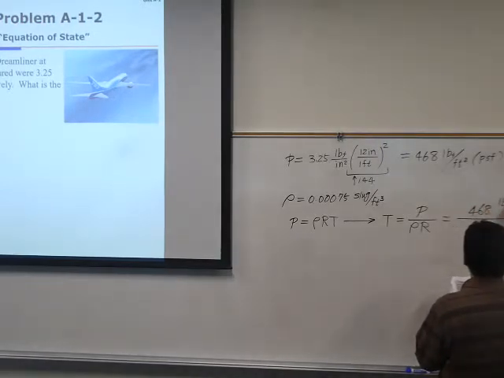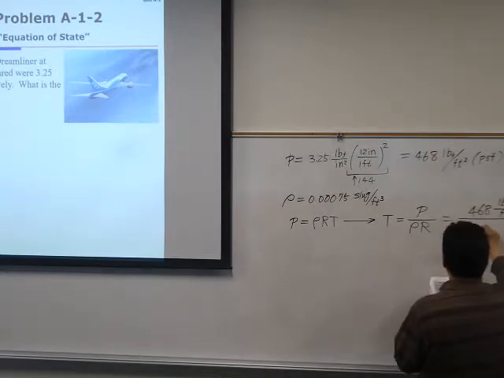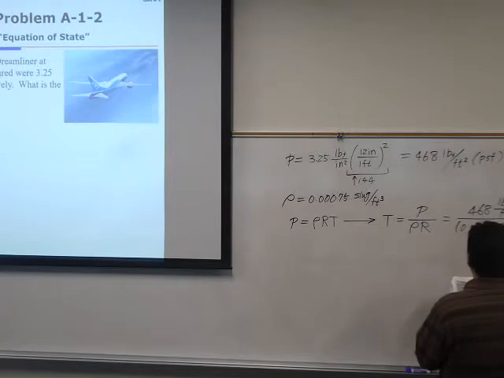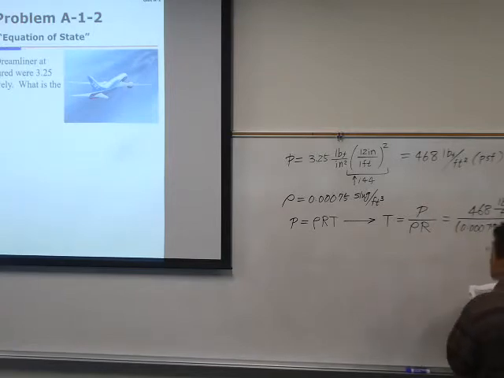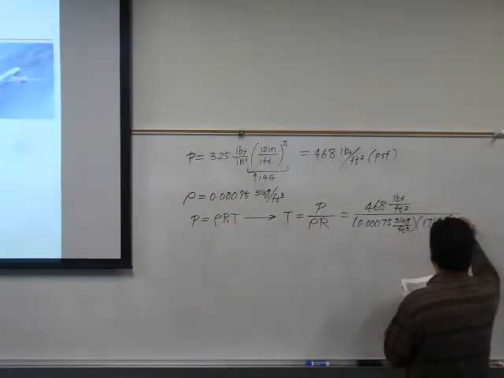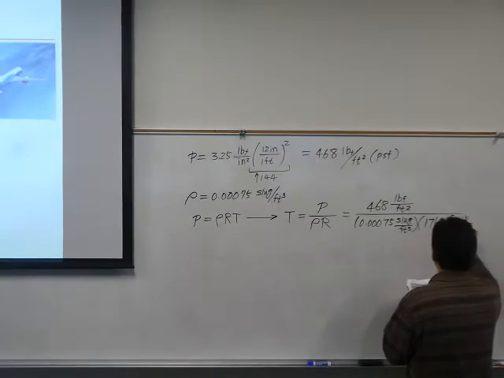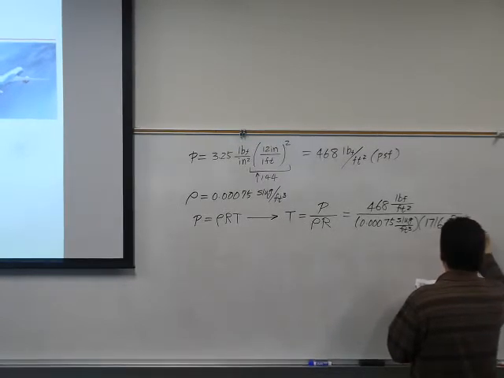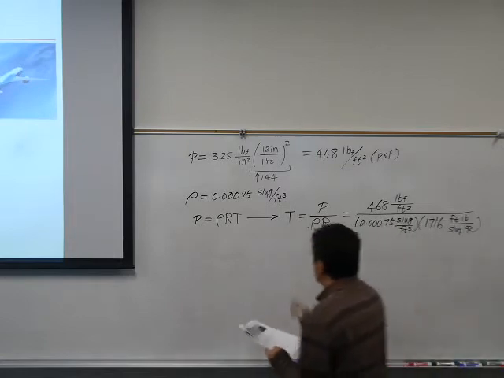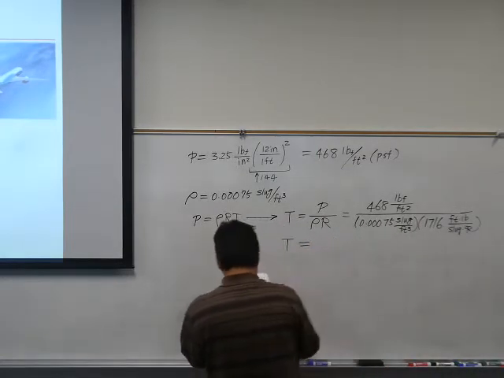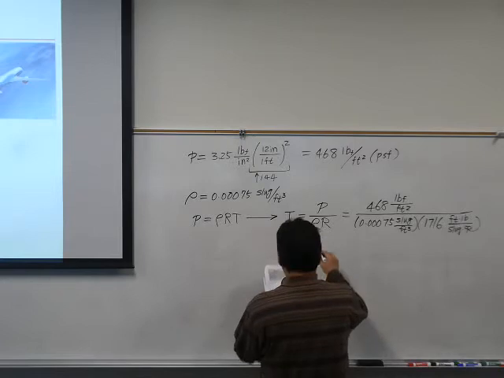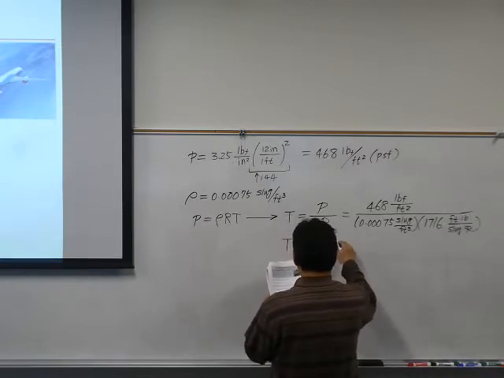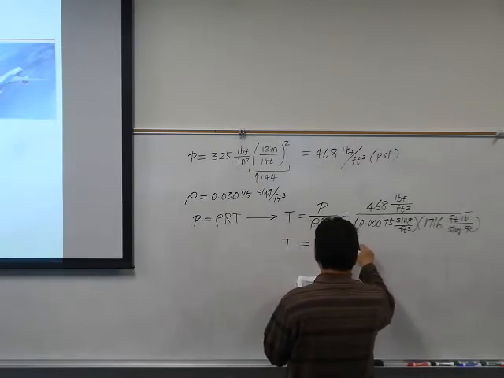This is pounds feet square. Density 0.00075 slugs per cubic foot. Gas constant 1716 per pound slug Rankine. Computing all of these, you're going to get temperature, which is 363.63 Rankine.